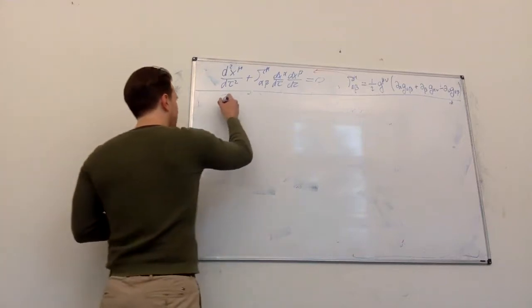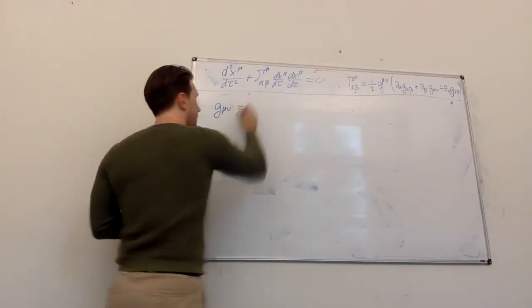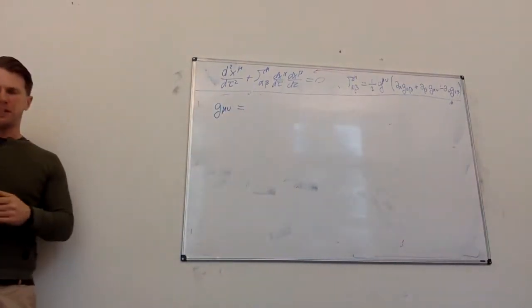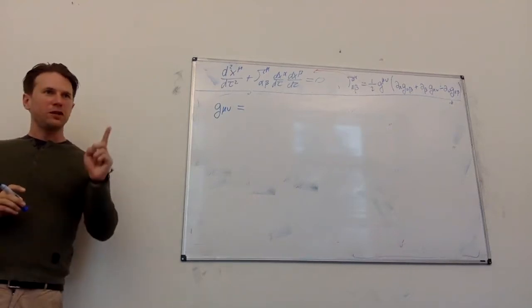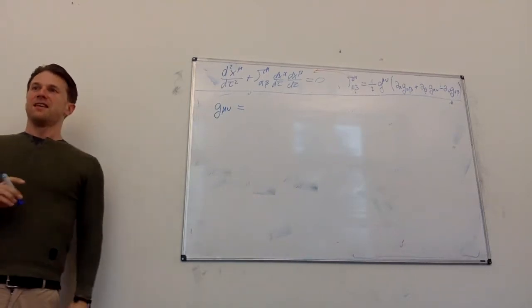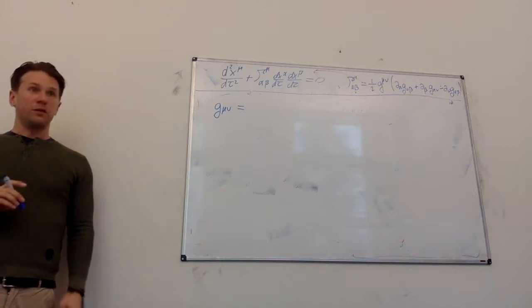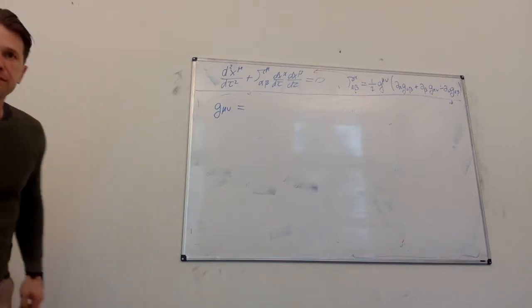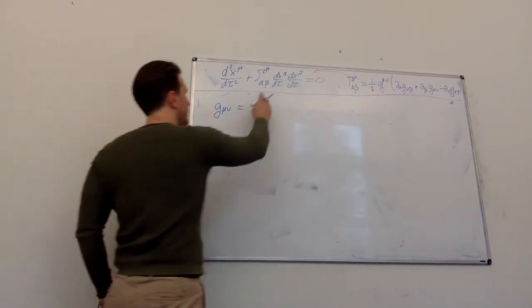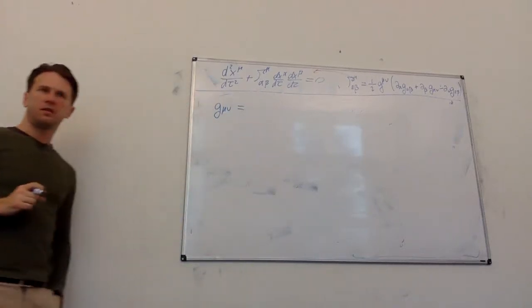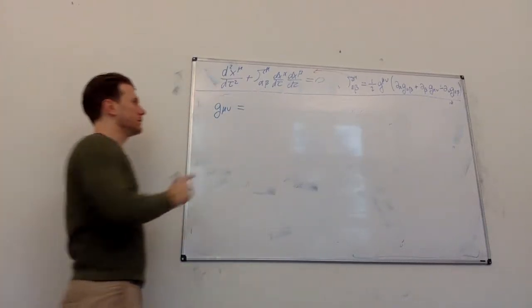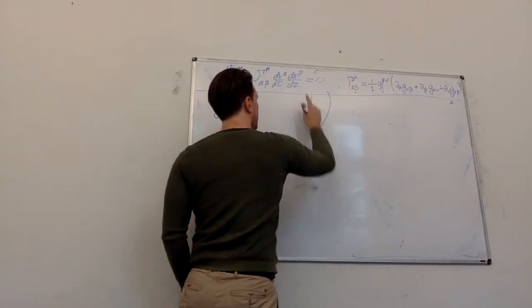Do you remember we derived the expression for Minkowski spacetime, but in spherical coordinates? We derived the expression last week. Maybe you remember it. It's r squared sine theta. No, it was r squared in the first.